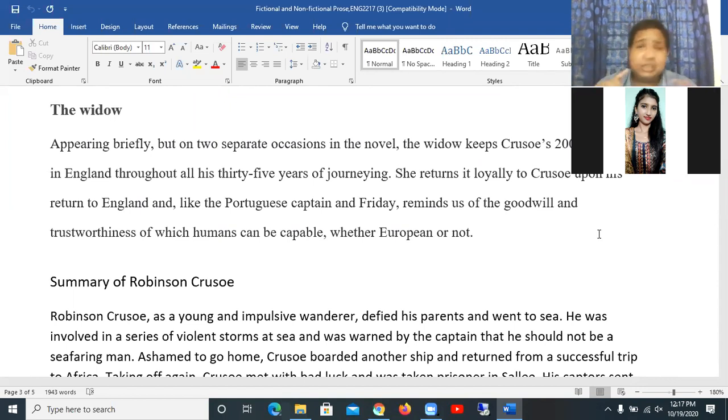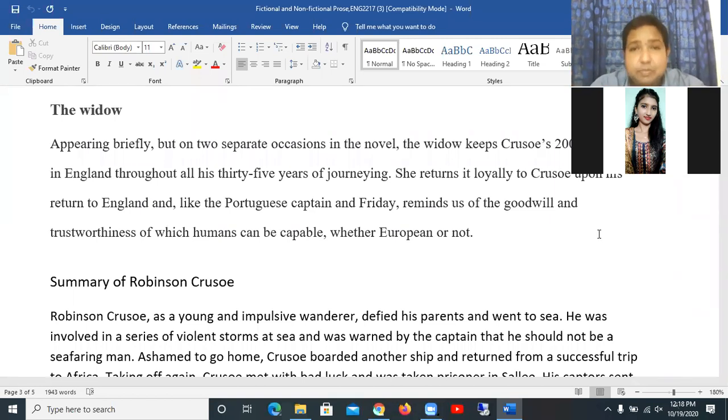So, you see, the characters of the Portuguese captain, Friday, and the widow remind us that for trustworthiness, for a well-wisher, you don't need to be a European, you don't need to be African, you don't need to be a Portuguese. A human being can be good from any race, any gender, any color, despite different color, different creed, different culture.